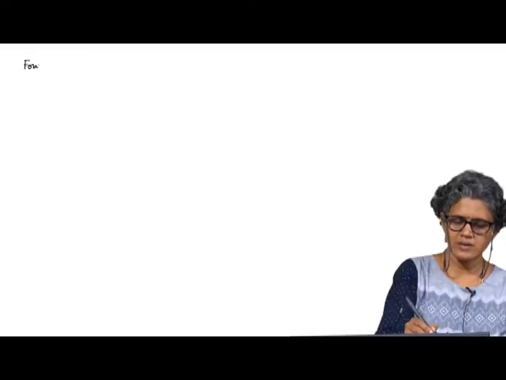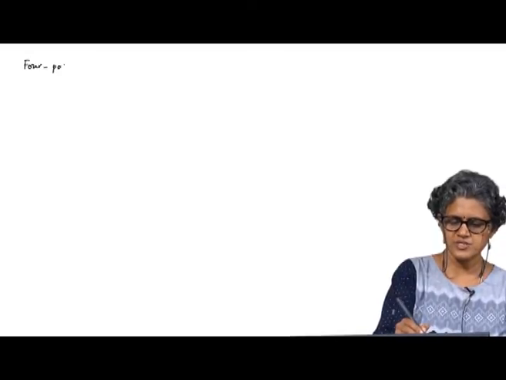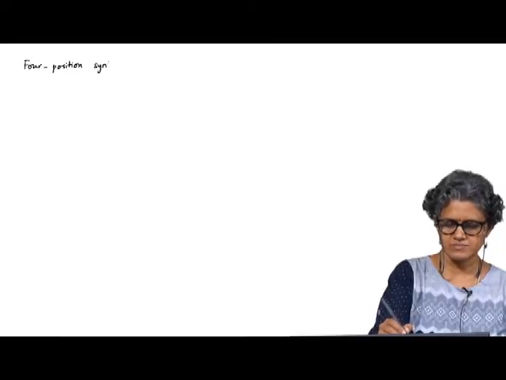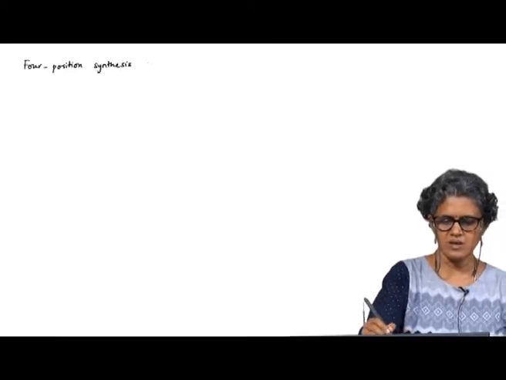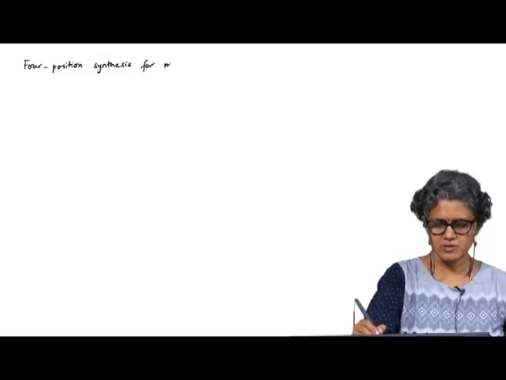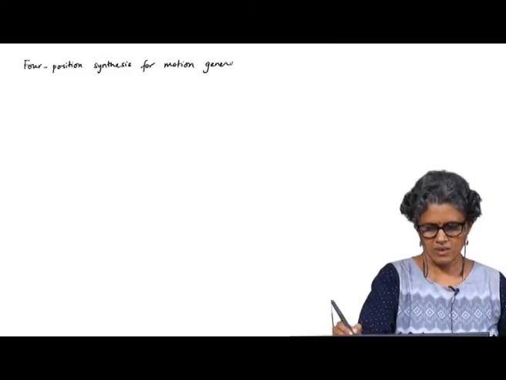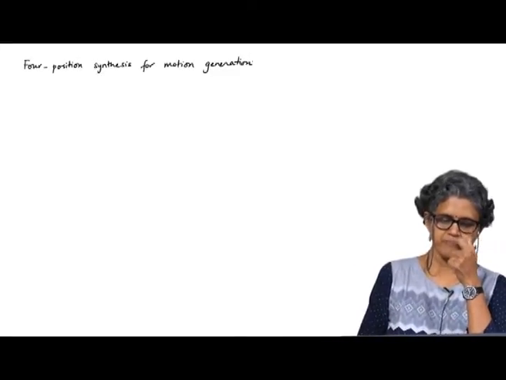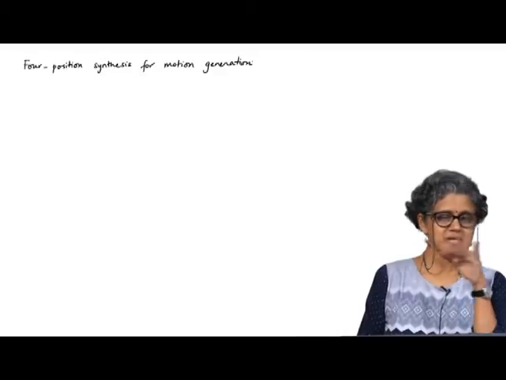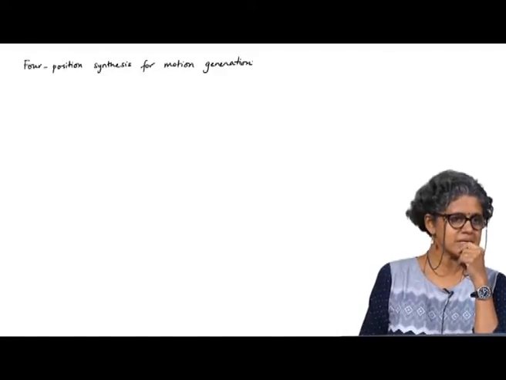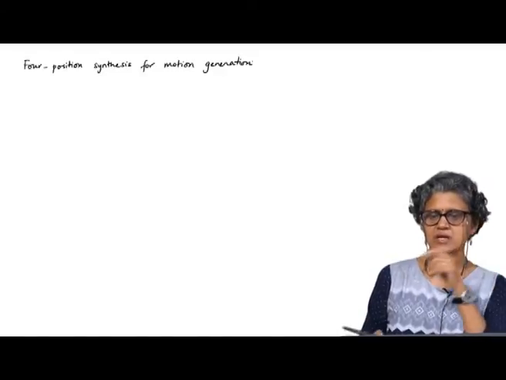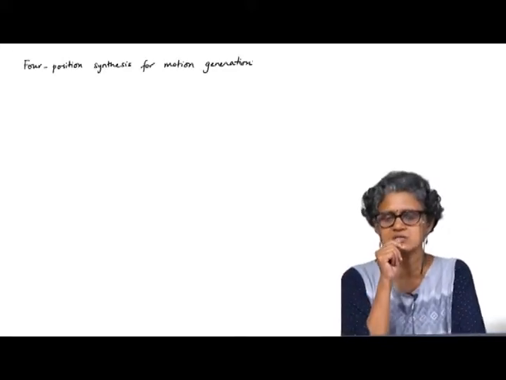So, we will look at the 4 position synthesis for motion generation. Now, if you remember, in the graphical methods we stopped with 3 positions because we ended up with a unique solution.